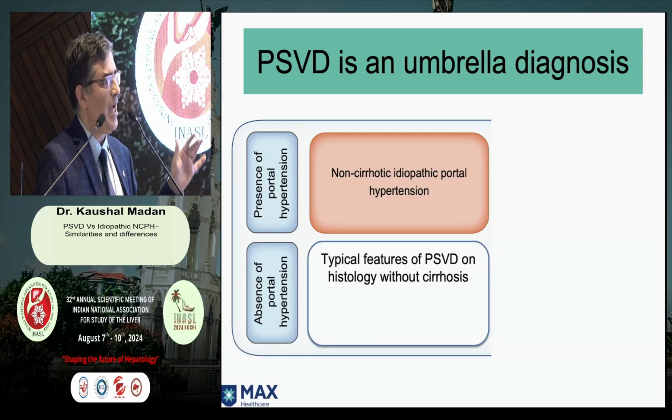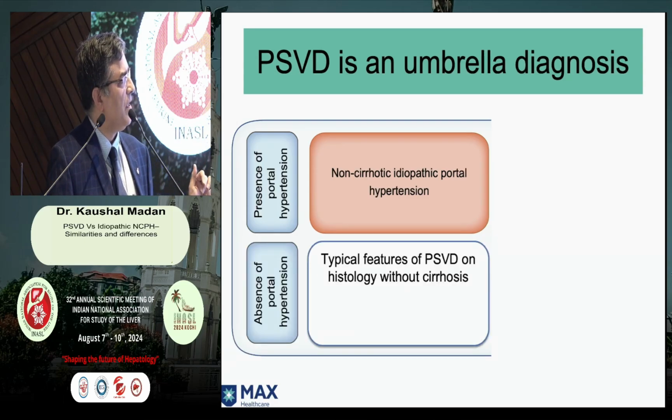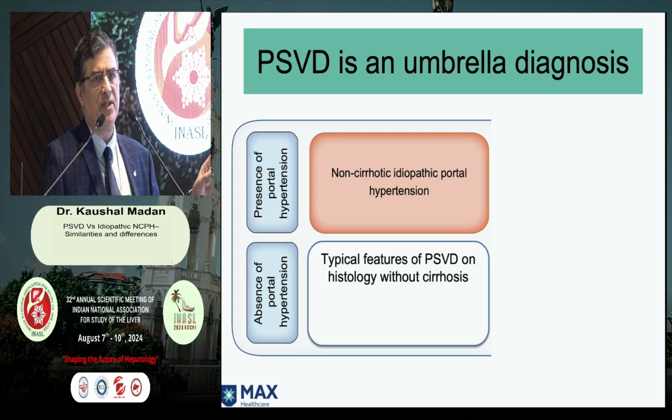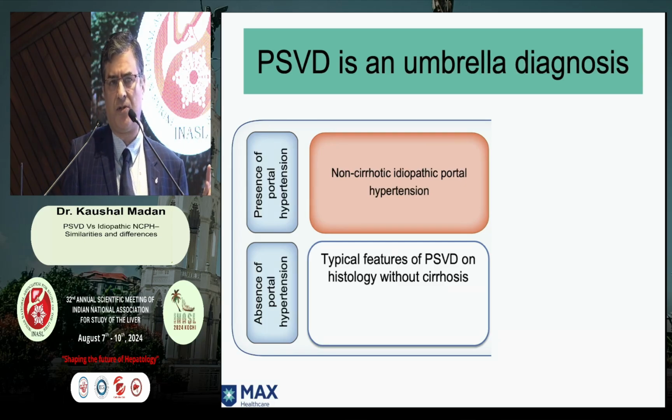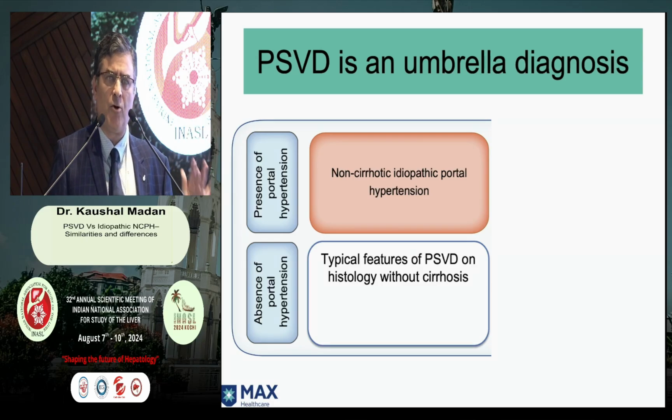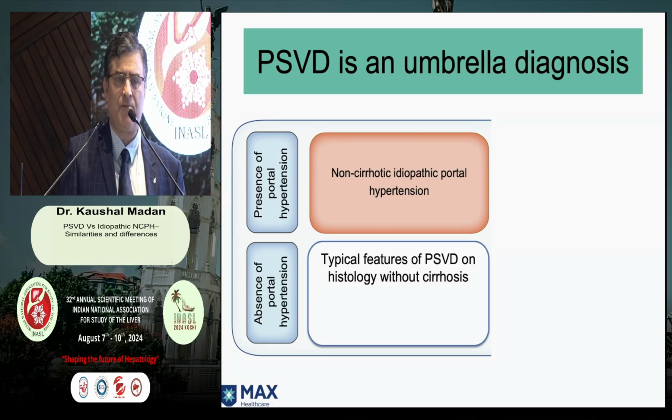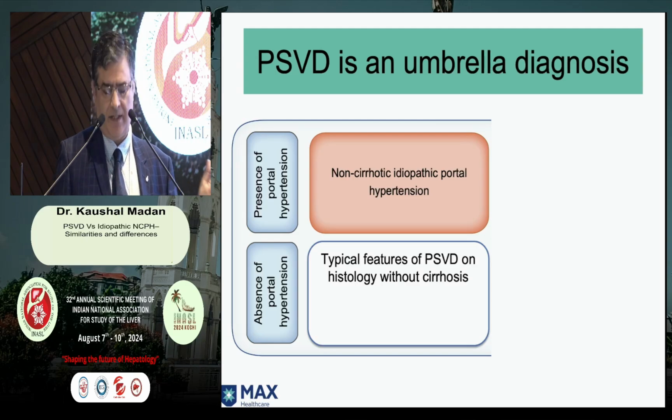And in absence of portal hypertension, it encompasses those patients who have typical features of PSVD on histology without cirrhosis. So no portal hypertension, but you do a biopsy and you find OPV, then it is PSVD.